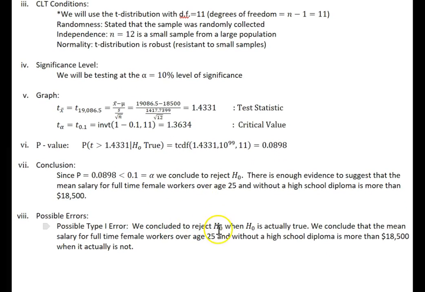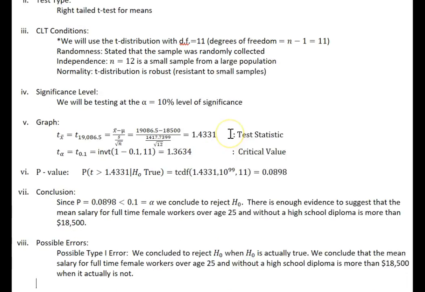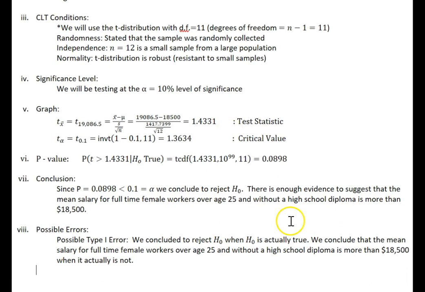So maybe I made an error in judgment and it actually is true that the population mean is 18,500 for full-time female workers over age 25 without a high school diploma, right?